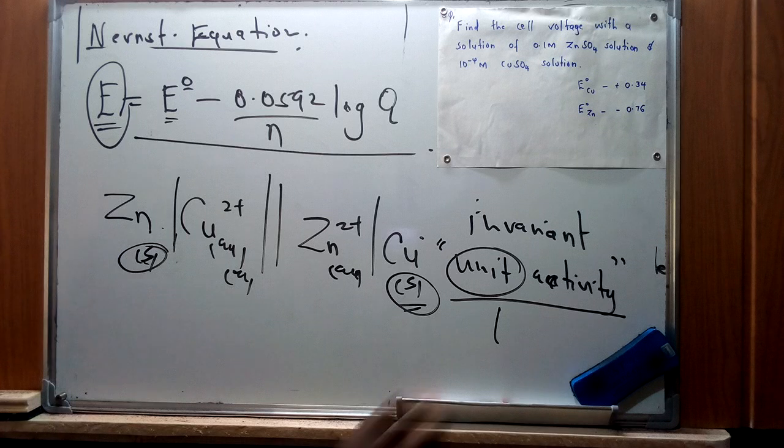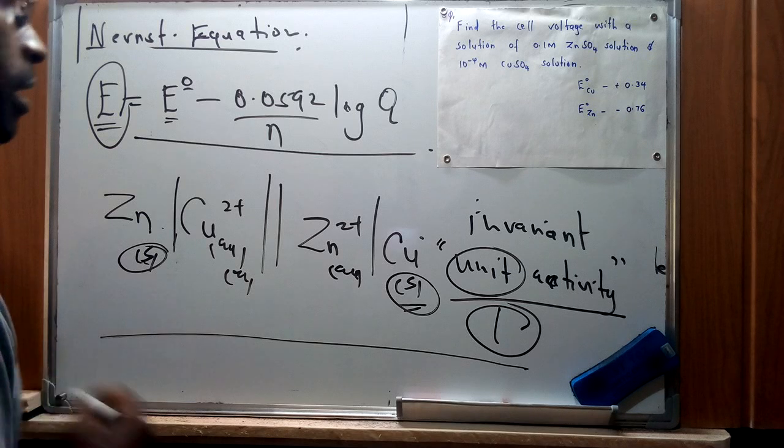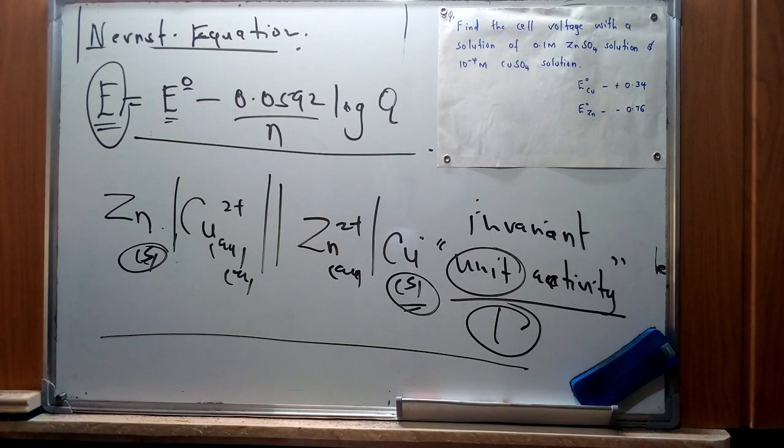So whenever we allocate 1 to the concentration of those specific species, it means they are said to be at unit activity. The same will be applied to substances like water and other substances that may appear in liquid form in these redox, spontaneous, or electrochemical reactions.